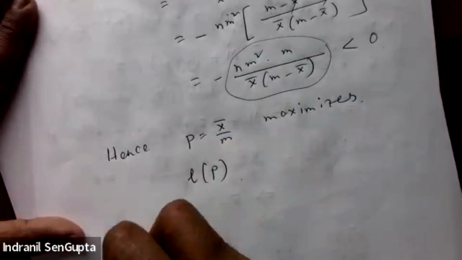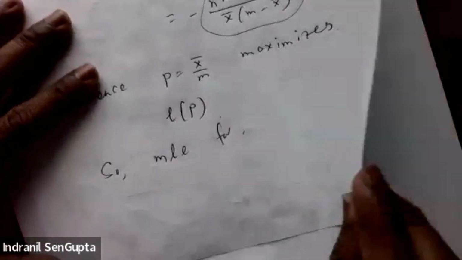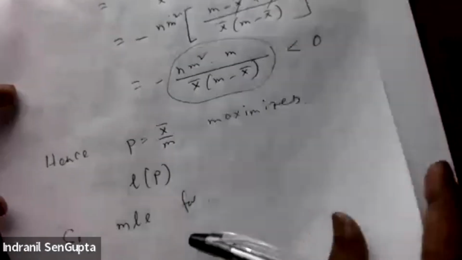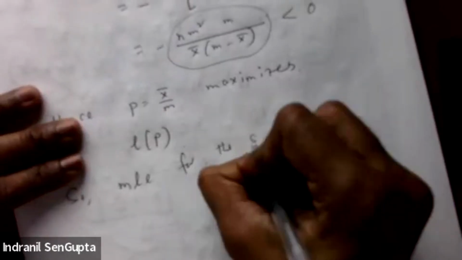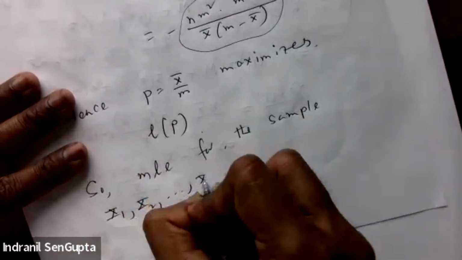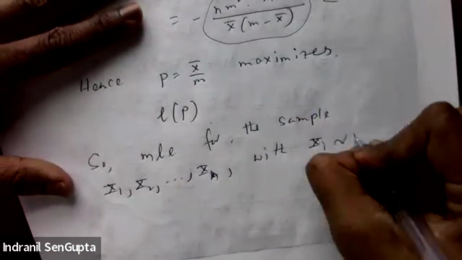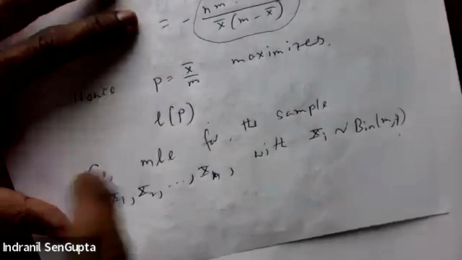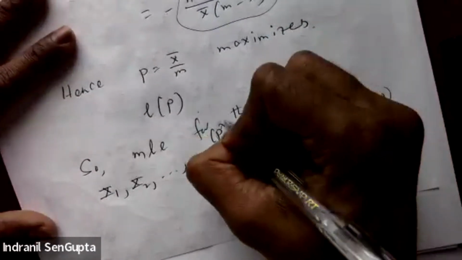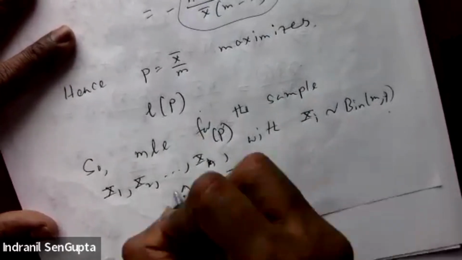L(p). So the MLE for the binomial case, so the MLE for this sample that we are discussing, for the sample x1, x2, ..., xn, with xi's from binomial(m, p), is given by p hat equals x bar over m.